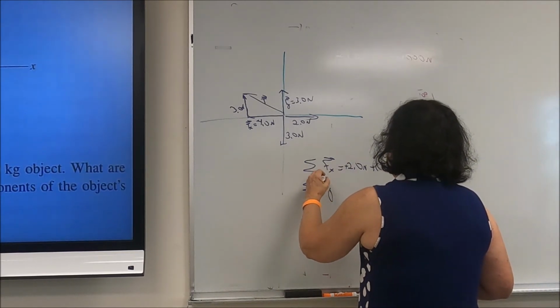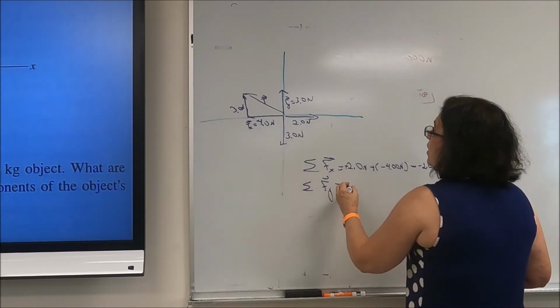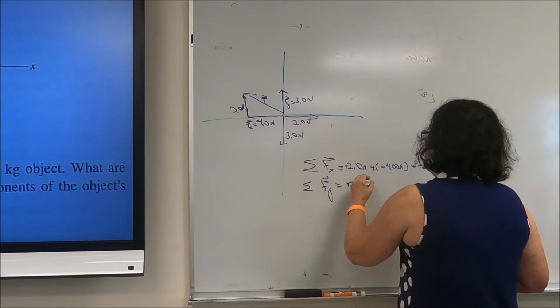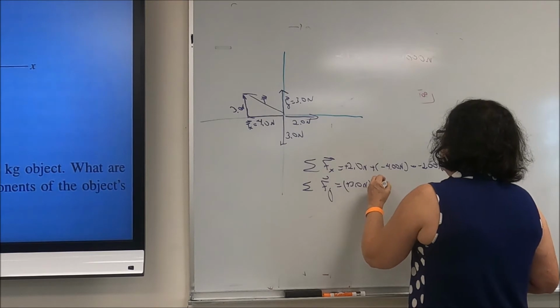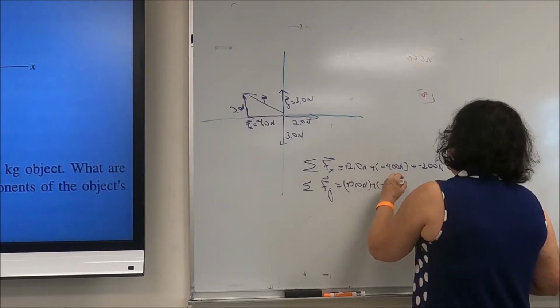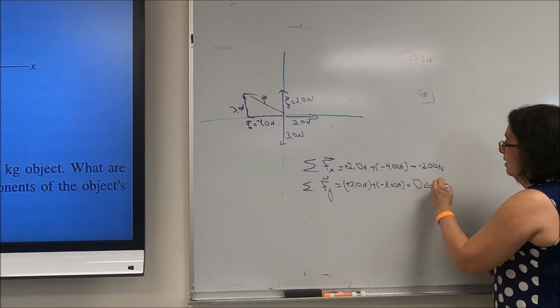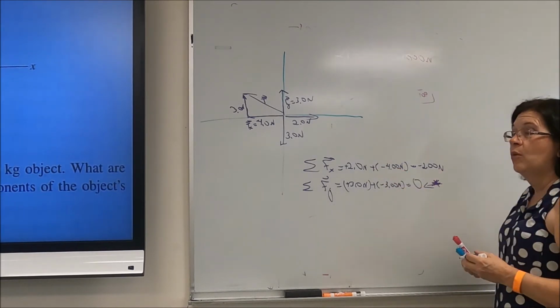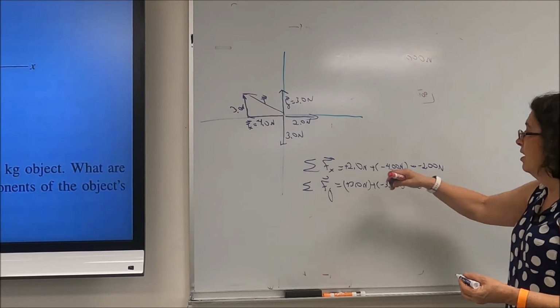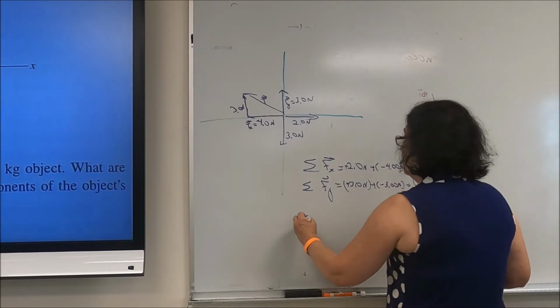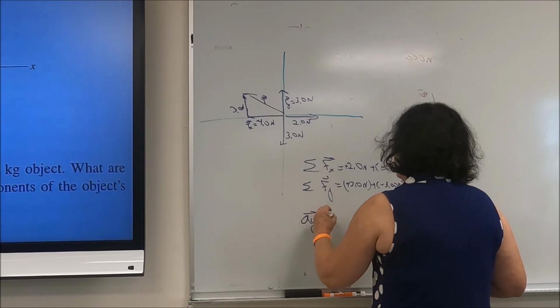The forces in the y direction would be a plus 3 newton force plus a minus 3 newton force, which is 0. Okay? I have an equilibrium in the y direction. The only net force we have is in the x direction. So acceleration in the y direction is 0.